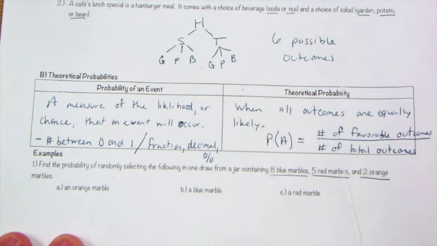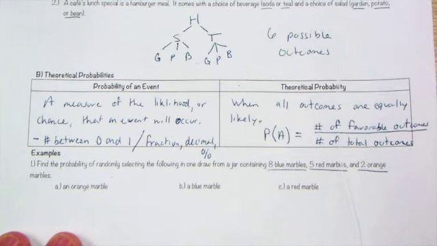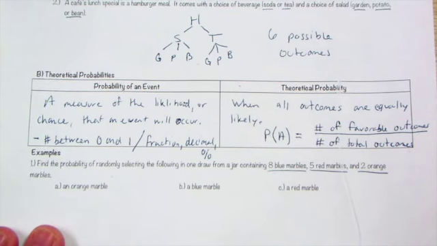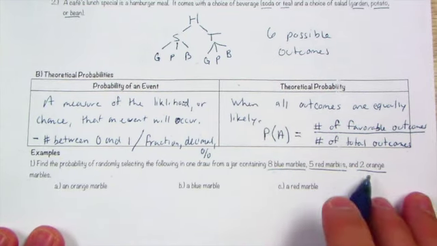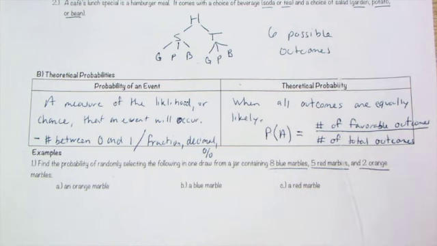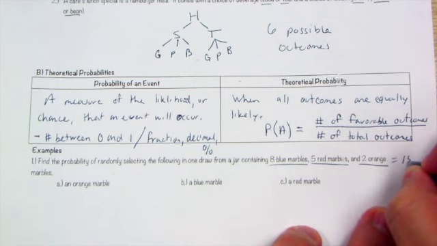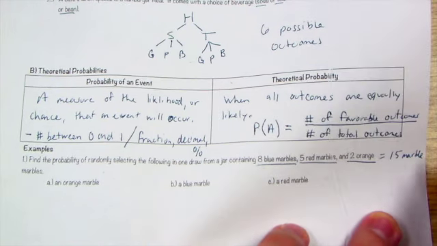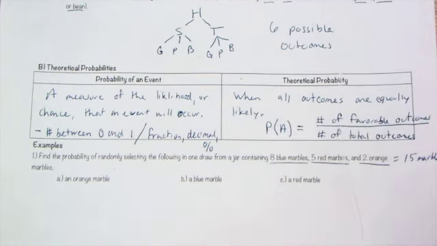I could choose an orange, the other orange, a red, another red. Basically we just add all these up. So 8 plus 5 plus 2 is a total of 15 marbles. So there are 15 possible marbles I can choose.